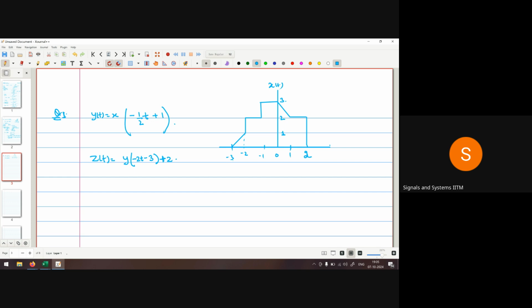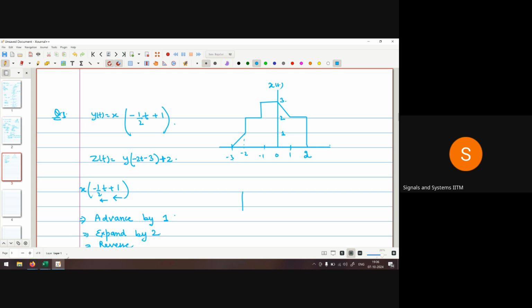I am going with the backward approach. So x of 1 by 2 times t plus 1. First I go with this side, so I have to advance the signal. Then the signal is expanded by 2, and the minus sign means the signal is reversed.